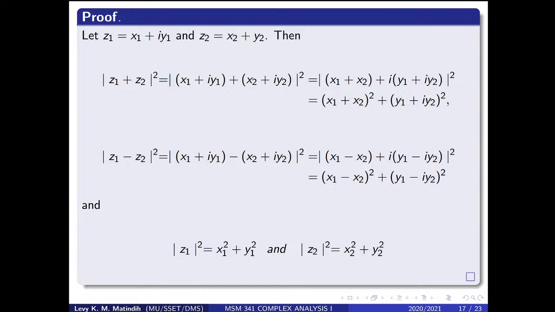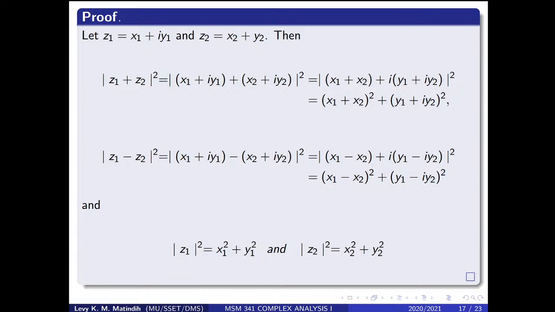Next, we do the other way around, which is the square of the modulus of z1 minus z2. When you substitute our z1 and z2, this will reduce to the square of x1 minus x2 plus the square of y1 minus y2.